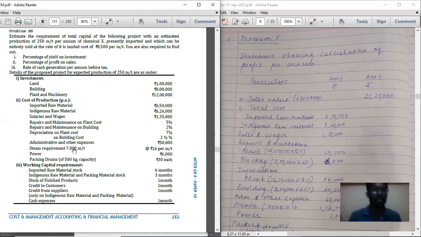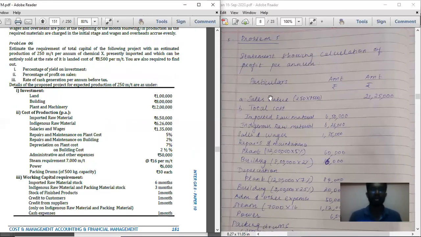All this cost of production we should summarize, and we should find the profit. So that is the profit on yield on investment. And profit divided by sales. And rate of cash generation per annum before taxes, this depreciation we should add back to the profit we have derived. So we'll get the total cash generation per annum, that is before tax.